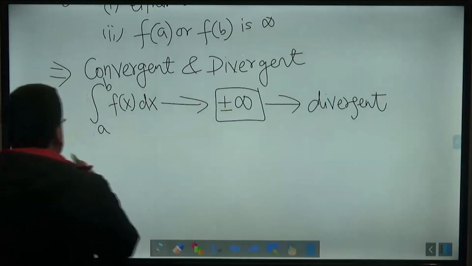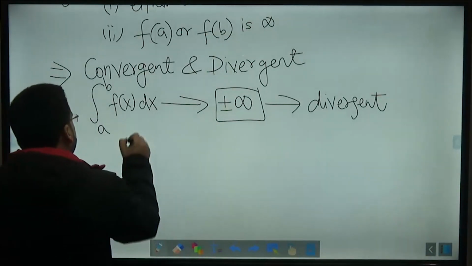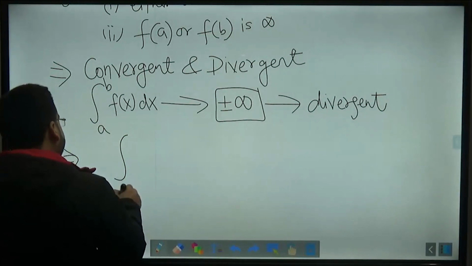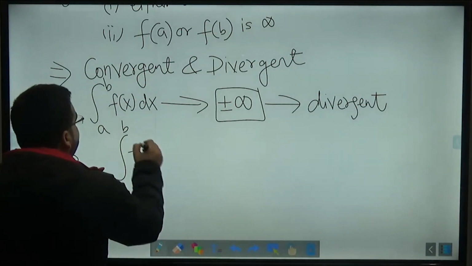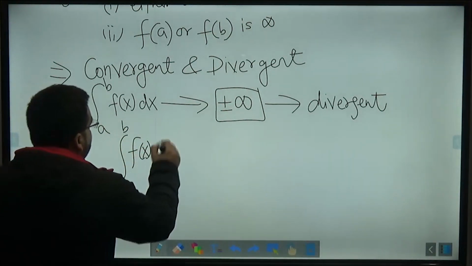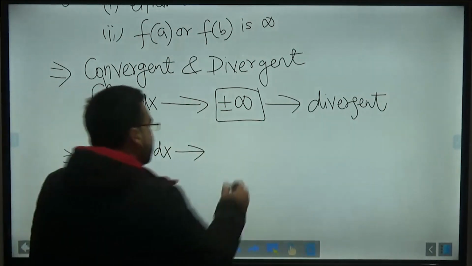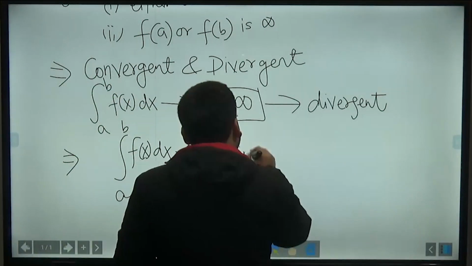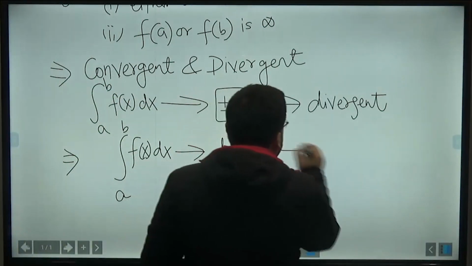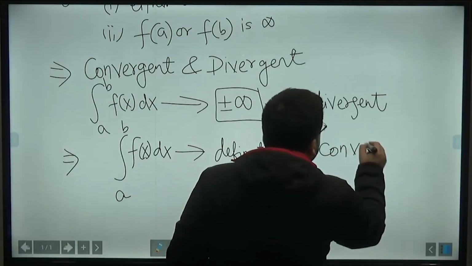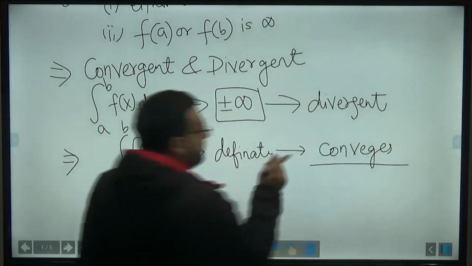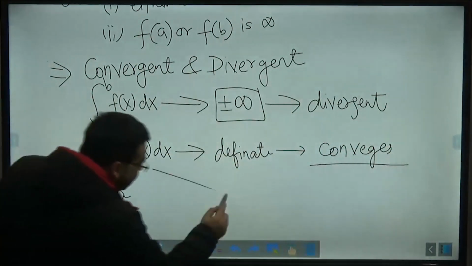Clear? Similarly, if integration from a to b f of x dx, you are getting some definite value, 2, 3, 4, 5, some definite value, we say it is convergent. It means that it converges to some definite point.